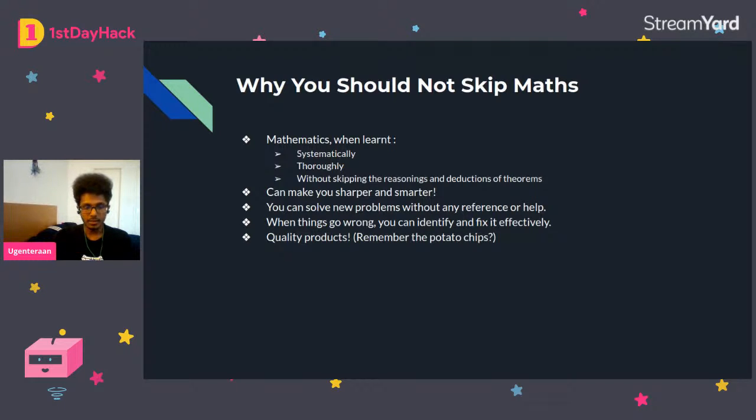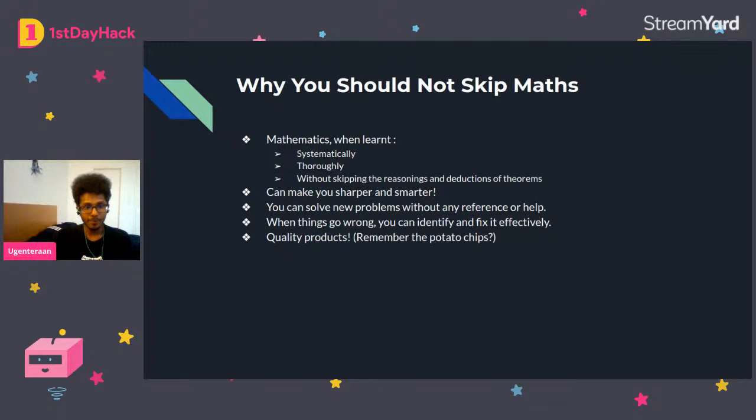And here's the most important part: when things go wrong, and they will, trust me, in machine learning, you can identify and fix it effectively if you have the sufficient mathematical background. If you don't have the mathematical background that is needed, you're not going to know what went wrong and how to even fix it, or where to start in the first place, because you're so dependent on those libraries, right?